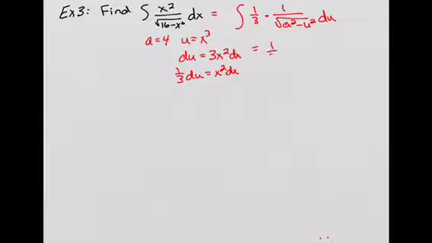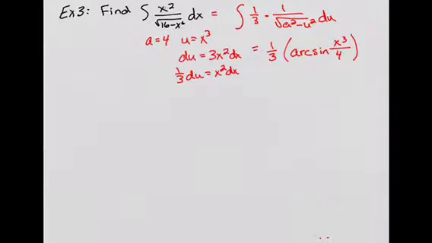So I keep this 1/3 as my constant out front, and then the integral of 1 over the square root of a squared minus u squared is arcsine of u over a, and u was x cubed, and a was 4.